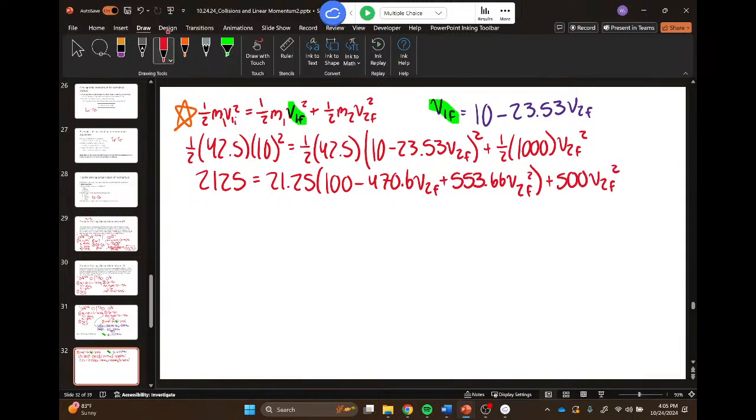All right, woo. All right, and at every step, I'm rewriting everything, both sides of the equation. That's a very good and important practice to get into.